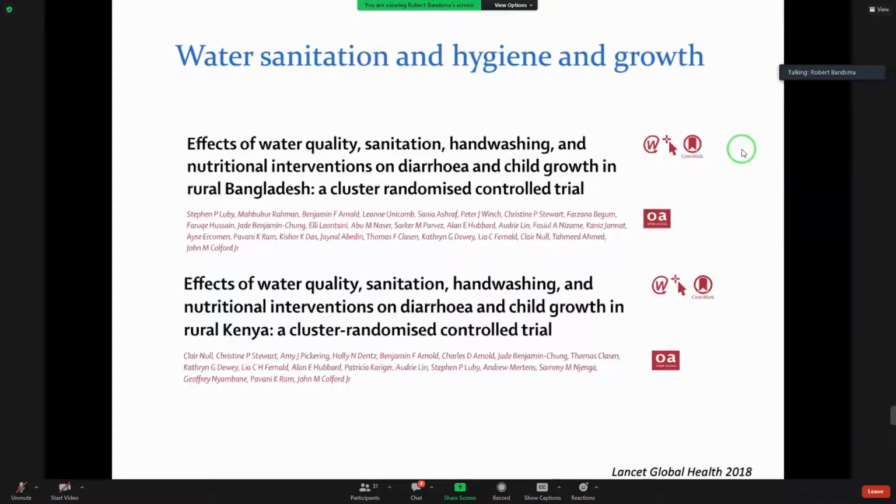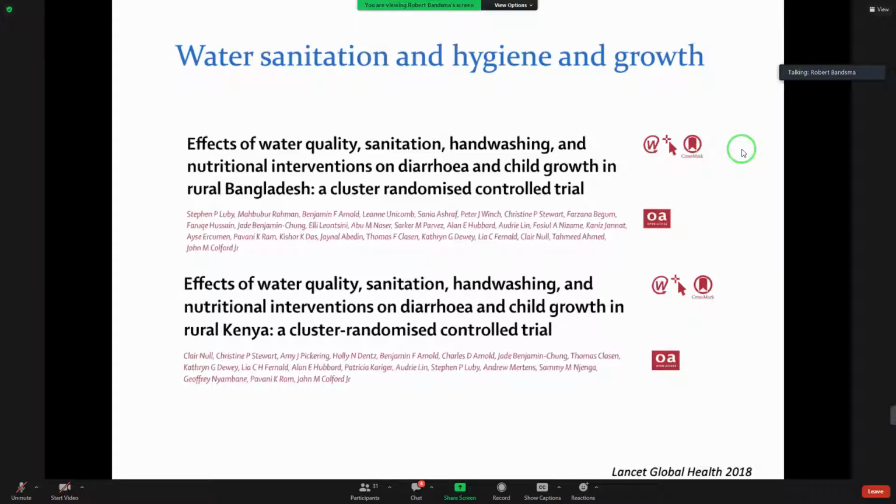And then a lot of people have devoted their energy and time to seeing whether improving the environment, the sanitation, the water hygiene, improves nutritional outcome.